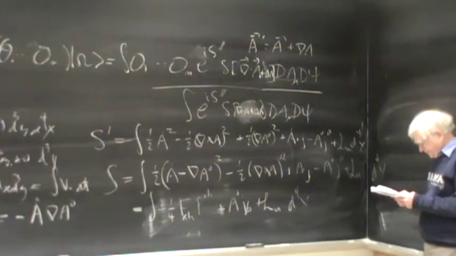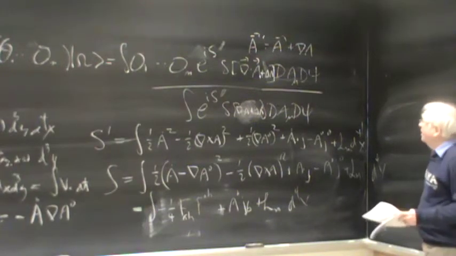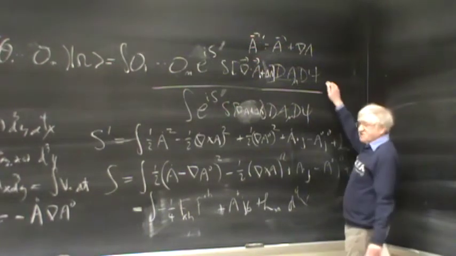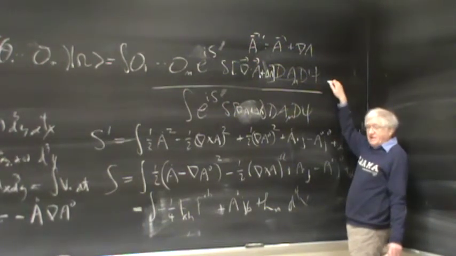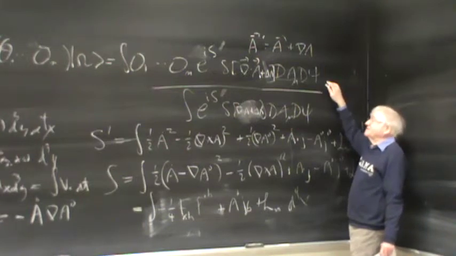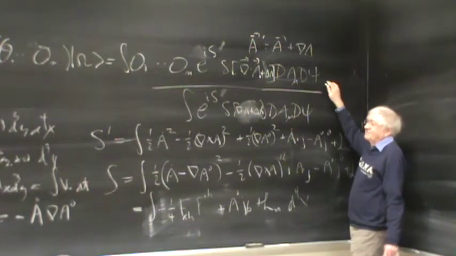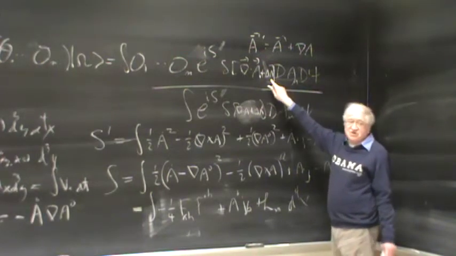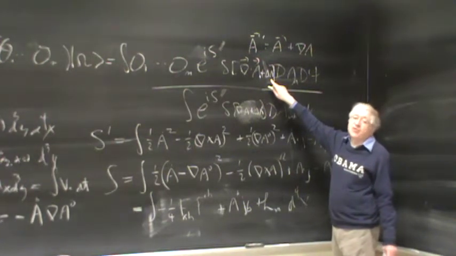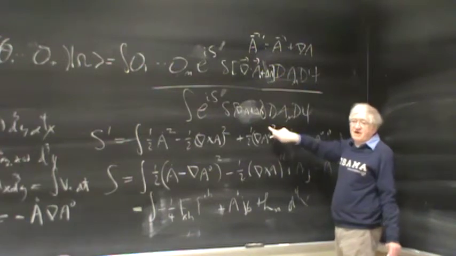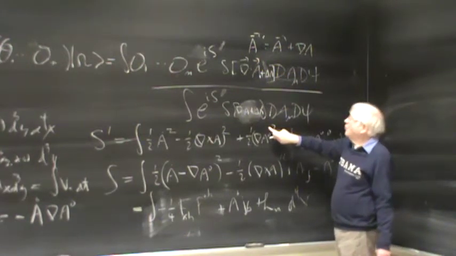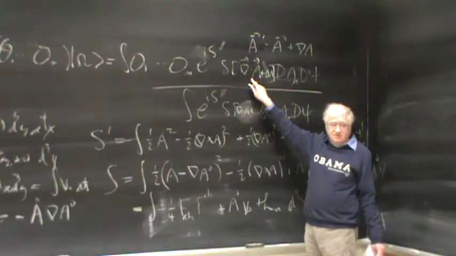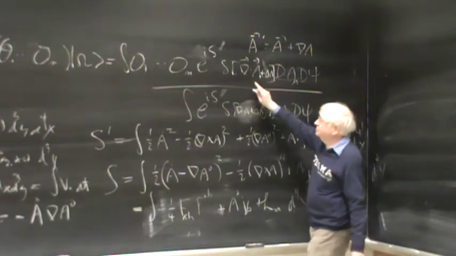Okay, so we've done that. Now, we've got two choices. One choice that I particularly like, because in a certain sense it's simple and more attractive, is that not only are we going to do this shift, but we're going to integrate over all gauge fields in the numerator and the denominator. What happens is that blows away the delta function.